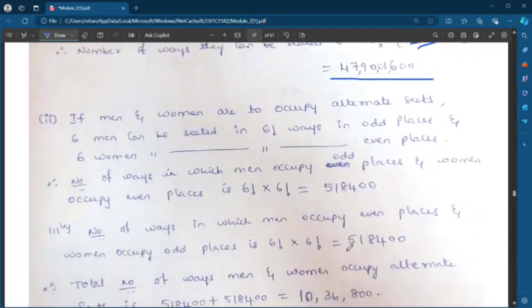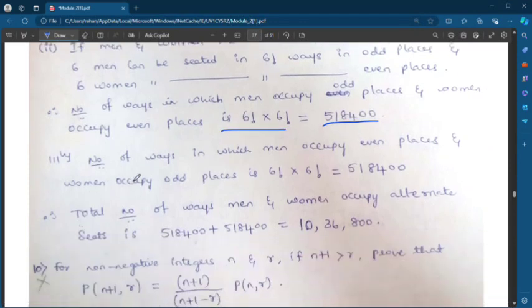Then multiply by the number of ways in which men can occupy even places and women odd places, which is again 6 factorial into 6 factorial.